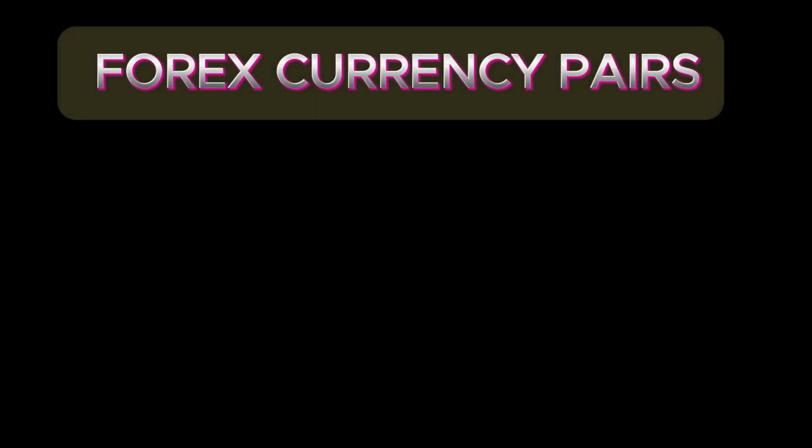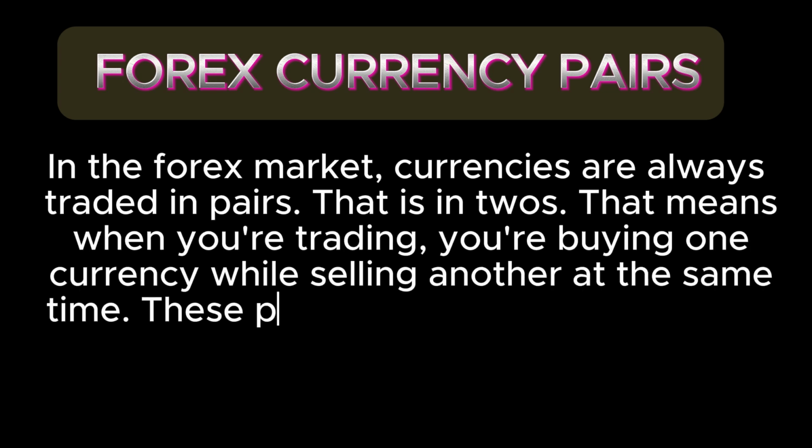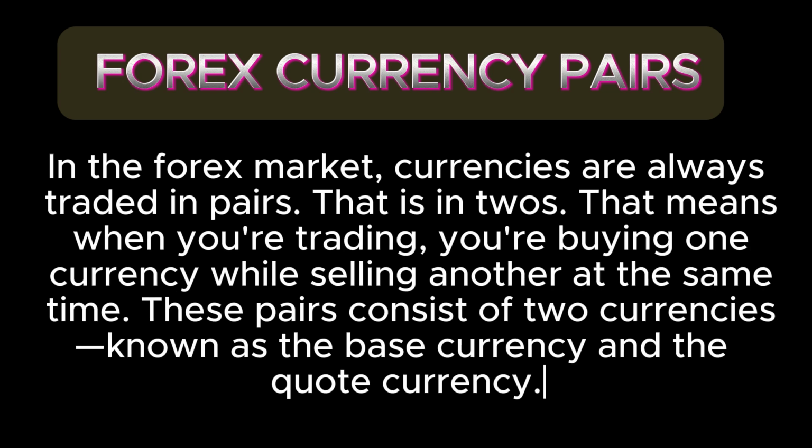In the forex market, currencies are always traded in pairs, that is, in twos. That means when you are trading, you are buying one currency while selling another at the same time. These pairs consist of two currencies known as the base currency and the quote currency.